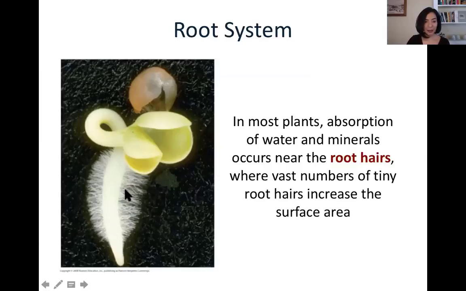Look at this image, and you can see hundreds of root hairs that are going to be able to absorb the water and minerals very quickly. These hairs are very, very fine, and they are extensions of the epidermal tissue. These are going to create an increase in the surface area, so they will absorb more water and minerals.